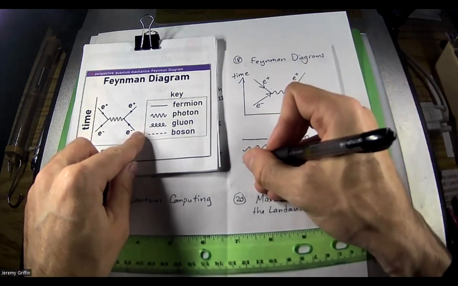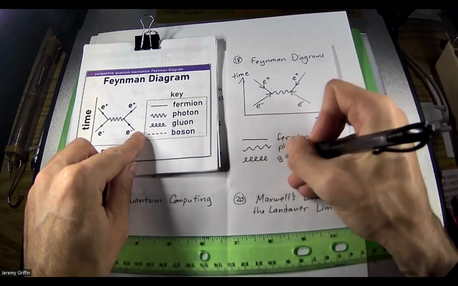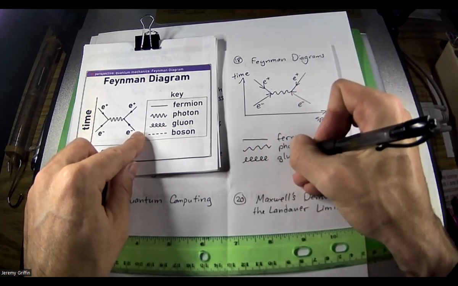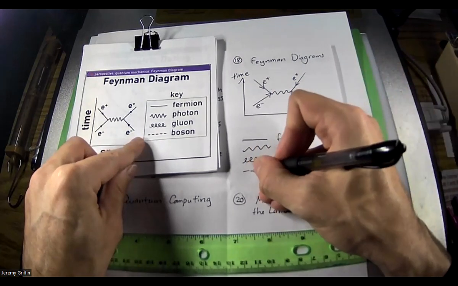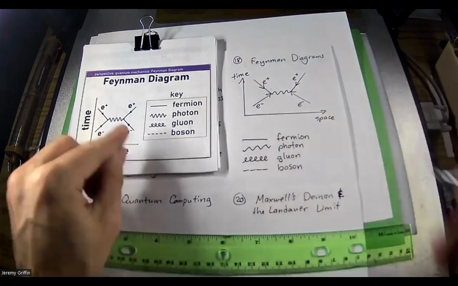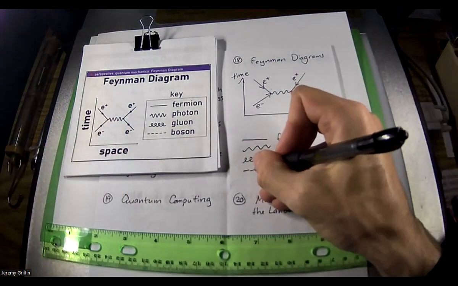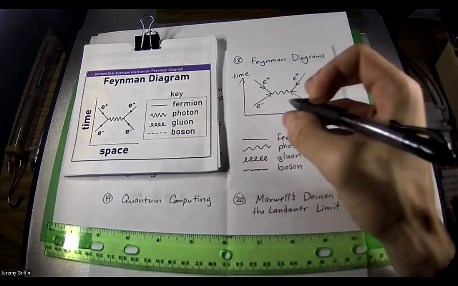If you see a curly line, that's a gluon, related to the strong force that holds the nucleus together. And if you see a dashed line, that's some other kind of boson, like yesterday, we were looking at the Higgs boson, for example. Dashes, like that.